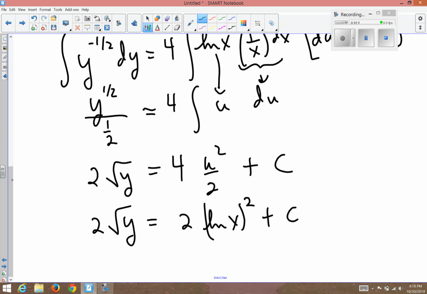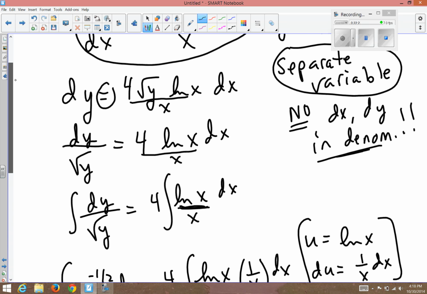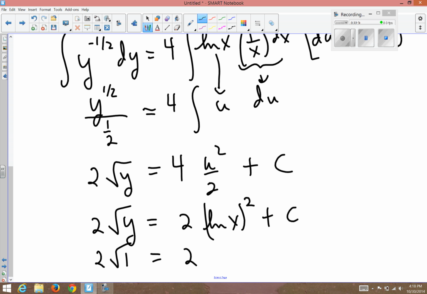Initial condition. Y is 1 when x is e. That's the initial condition. 2 times the square root of 1 is 2.